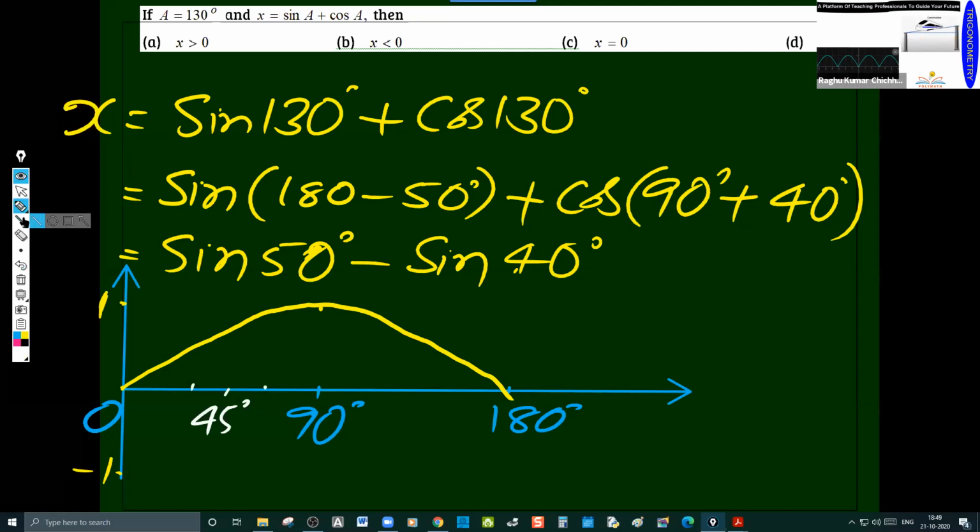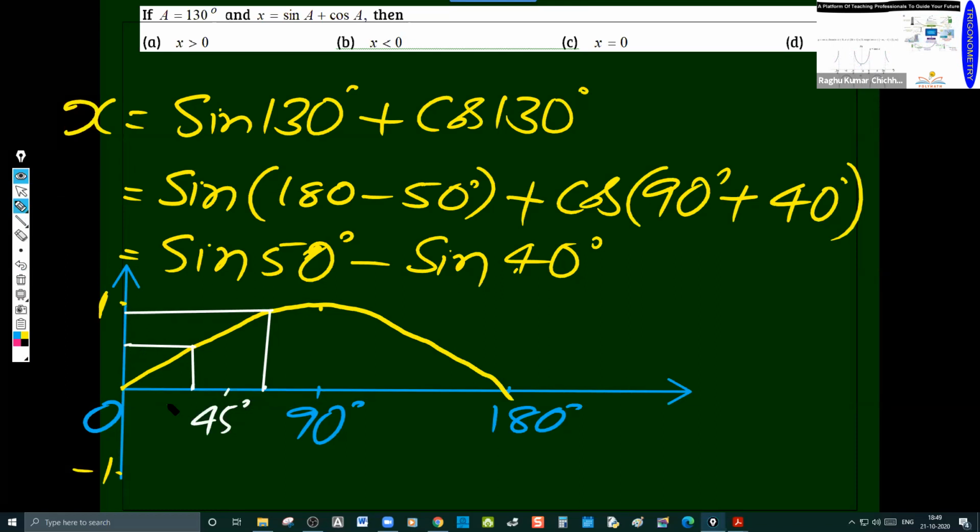Now, let me understand its value on y-axis. For 50, it is a value which is less than 1. For 40, it is a value which is below this line. Then you tell me whether sine 50 is greater or sine 40 is greater.